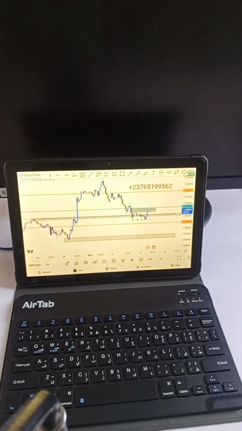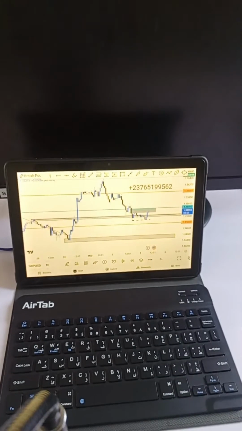Your question is how the different countries' economy and financial data affect the currency pairs. All right, let's take for example GBP/USD right here.